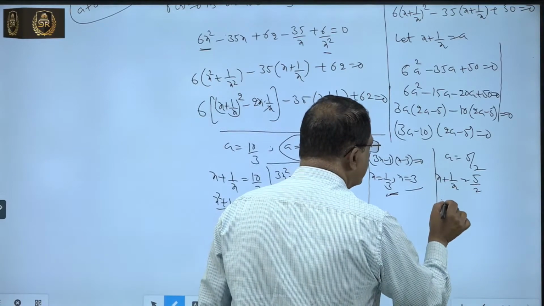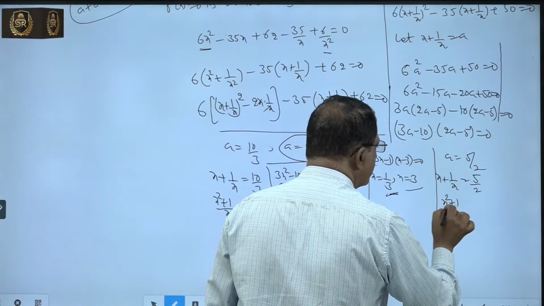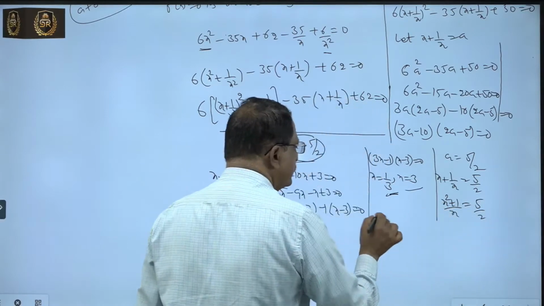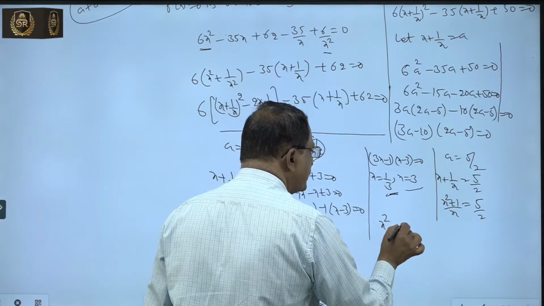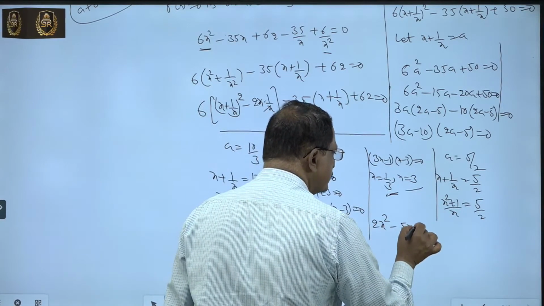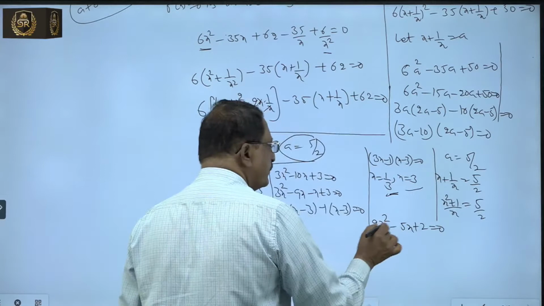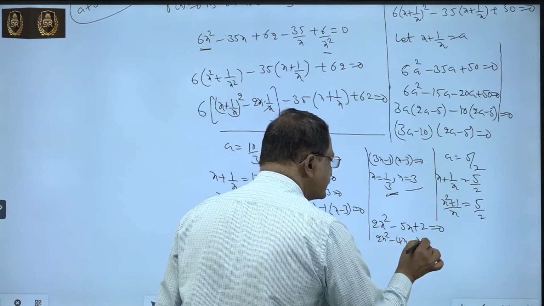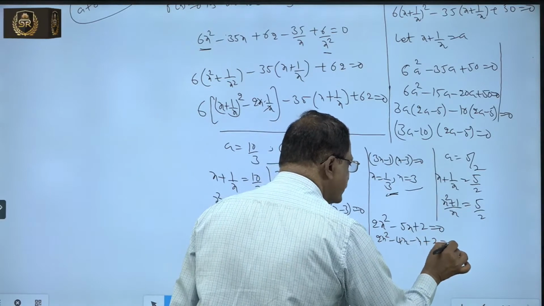Now x square plus 1 by x equals 5 by 2. Cross multiply and take one side, we get 2x square minus 5x plus 2 equals 0. Now factorize: 2x square minus 4x minus x plus 2 equals 0.